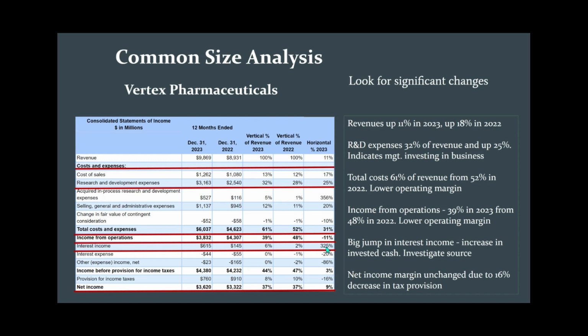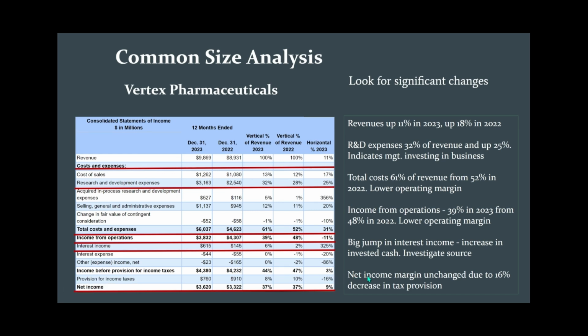So pretty big jump there, and this would tell us that there's a significant increase in the company's cash without even looking at the balance sheet. And you would want to investigate where that cash is coming from to see if it's sustainable or it's a one-off transaction that the company had that led to a big jump in its cash balances and its interest income.